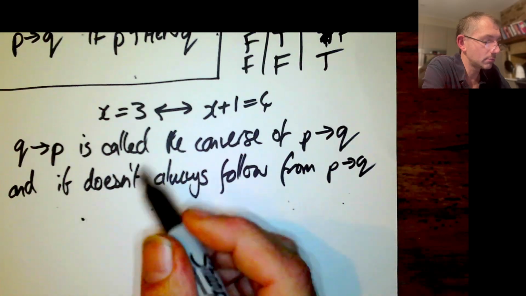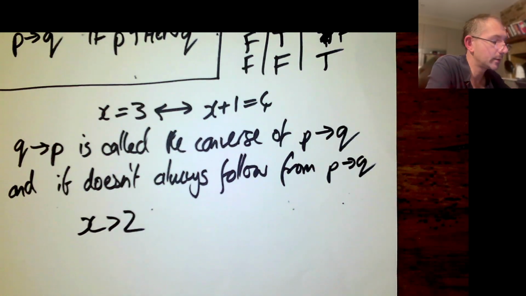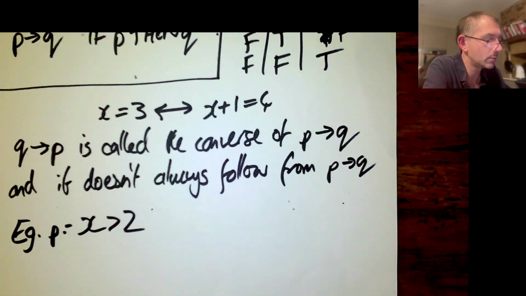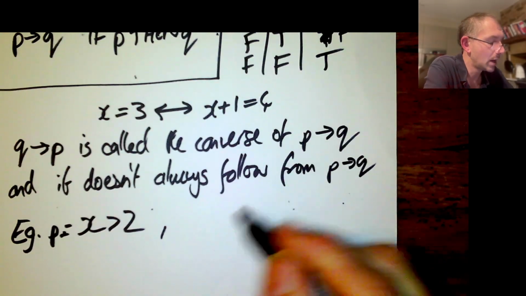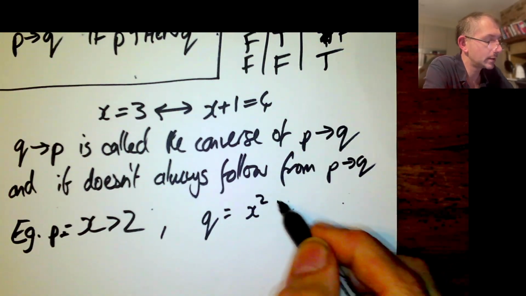Let's take the example from the notes, just expand on it a bit. So e.g., we're going to take P equals x is bigger than 2, and Q is the statement x squared is bigger than 4.